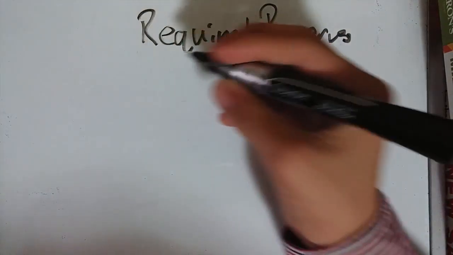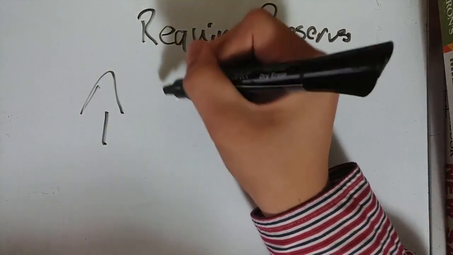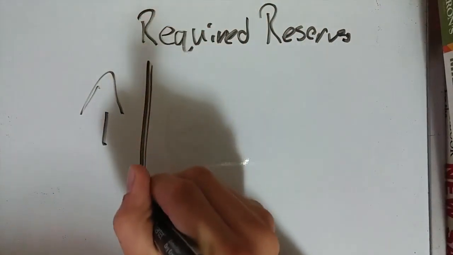Required reserves. So here's our graph. Let's say for this graph we have increased required reserves. So the graph is going to react like this.